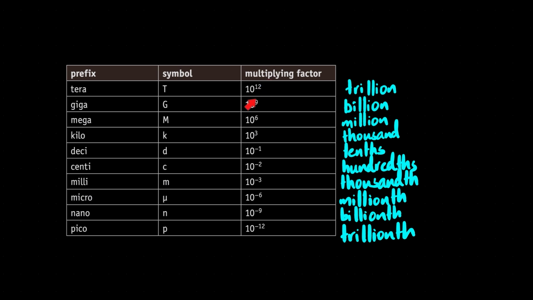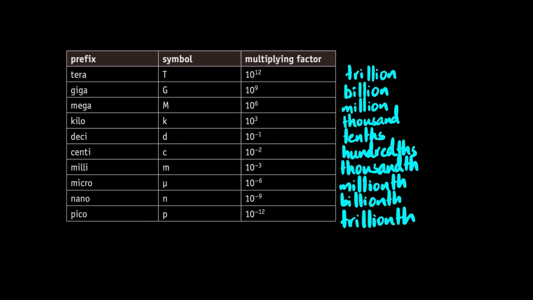What I mean by that is 1 gigameter would obviously be larger than 1 meter, but 1 microsecond would be smaller than a second. So all the ones which are less than 1 are represented by lowercase, except for kilo.